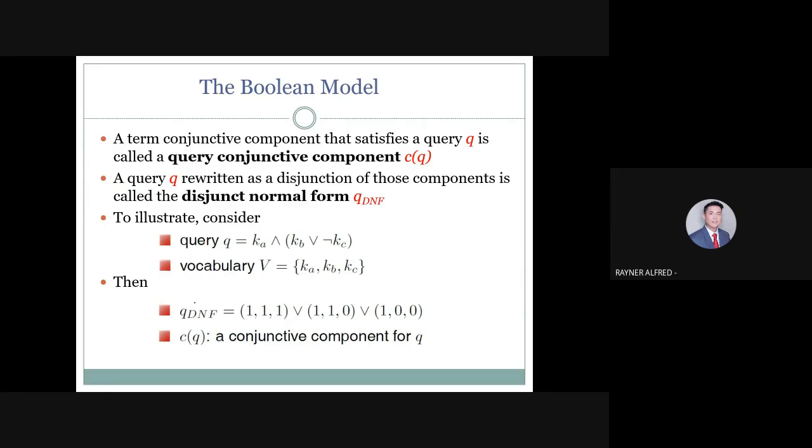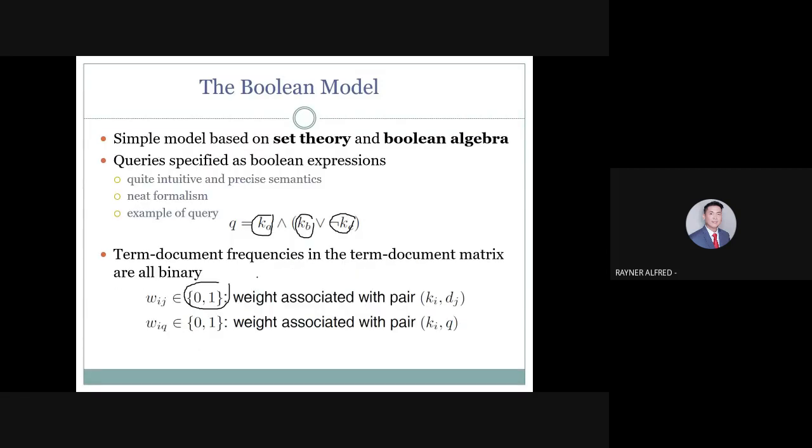this is what we call the query just now. We only have 3 vocabulary: A, B, C. So like I mentioned just now, for this expression to become true, I must have 1, 0, 1 or 1, 1, 0 or 1, 1, 1. Okay.